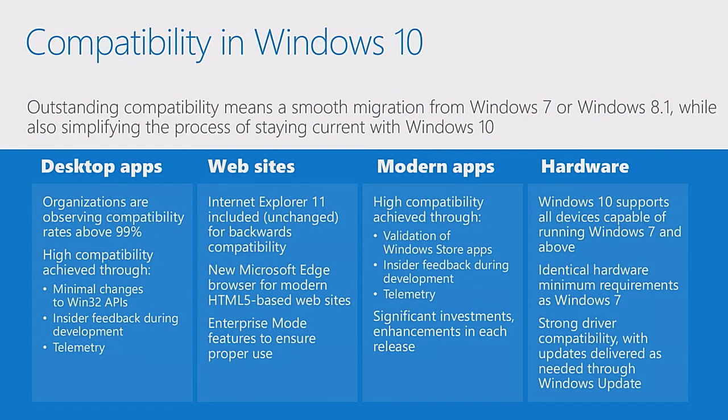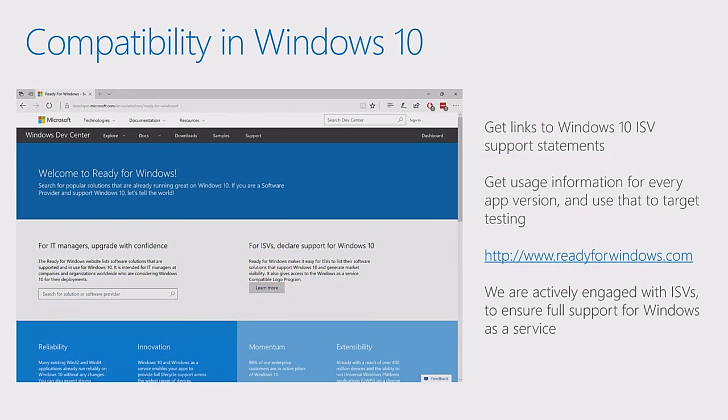Compatibility. We touched on this yesterday in the servicing session overall, but compatibility with Windows 10 is pretty good overall. We see 99% compatibility, which is what makes in-place upgrade possible. We still have IE 11 included in the OS, so that with Enterprise Mode enables you to make sure that all your web apps continue to work, which makes that process fairly smooth.